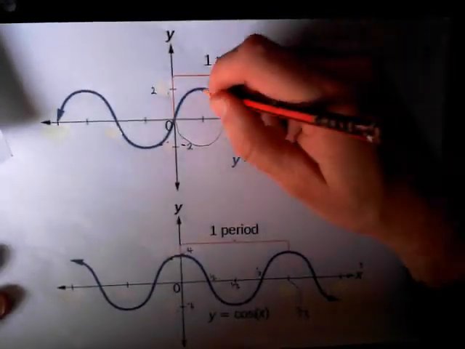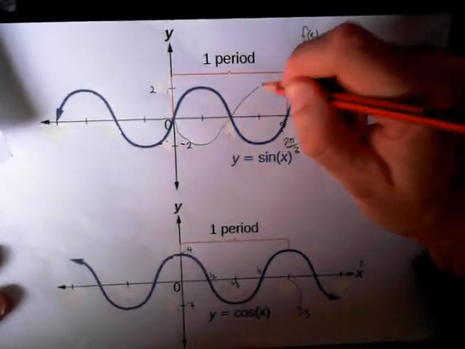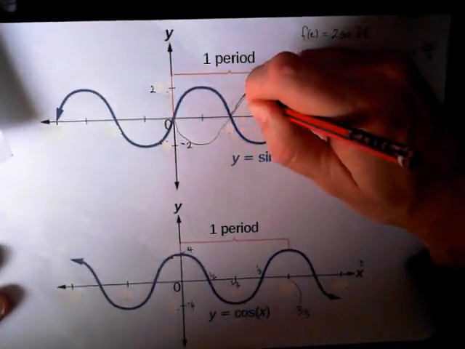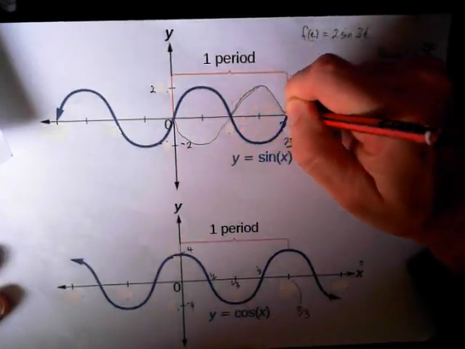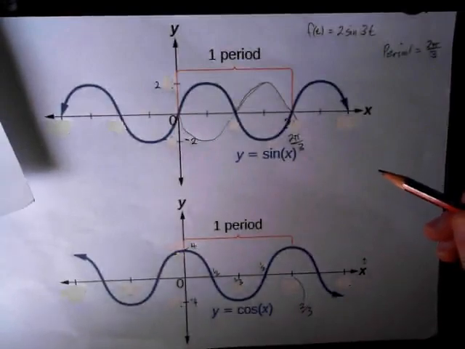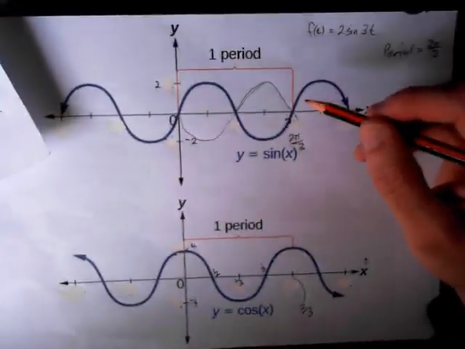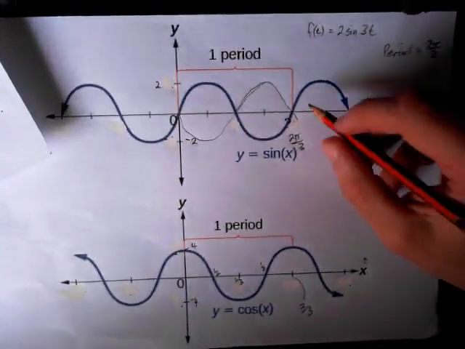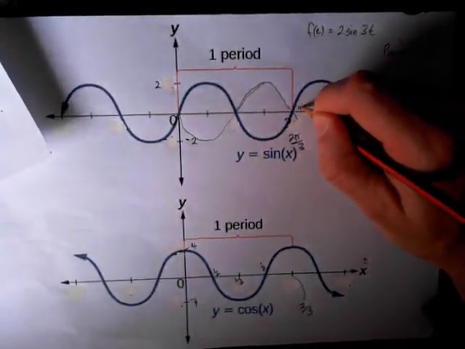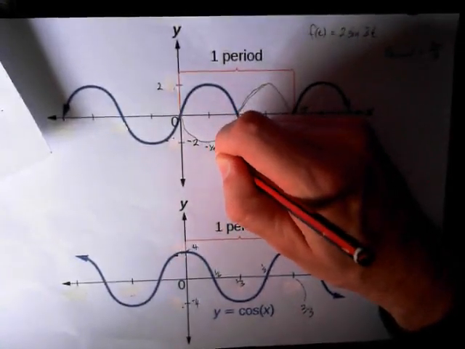It goes up to about there, like this. Those are tricky to draw freehand. That's the first period. So drawing f of t equals negative a half sine t on 2, the period is 4 pi, and this would be negative a half.